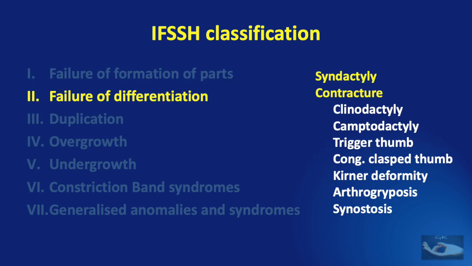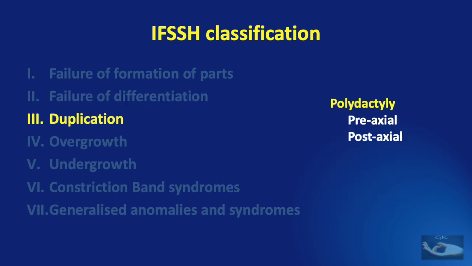The second category of failure of differentiation consisted of syndactyly and contracture. The contracture could be a clinodactyly, camptodactyly, trigger thumb, congenital clasp thumb, Kirner deformity, arthrogryposis, or synostosis, which were all included in this category of failure of differentiation.